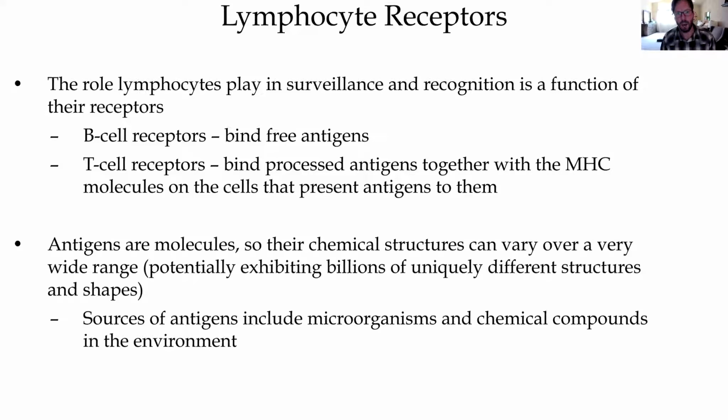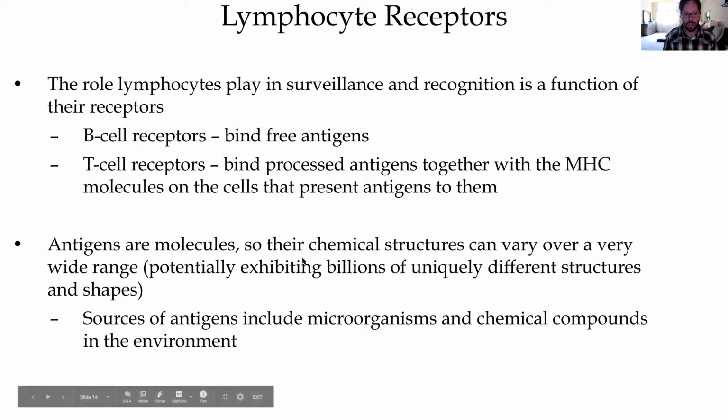The T cells bind free antigens and make antibodies. The T cells bind the processed antigens via the MHC class 2 of the phagocytes. Okay. And then this is just going into antigens again. Antigens are molecules that vary widely.